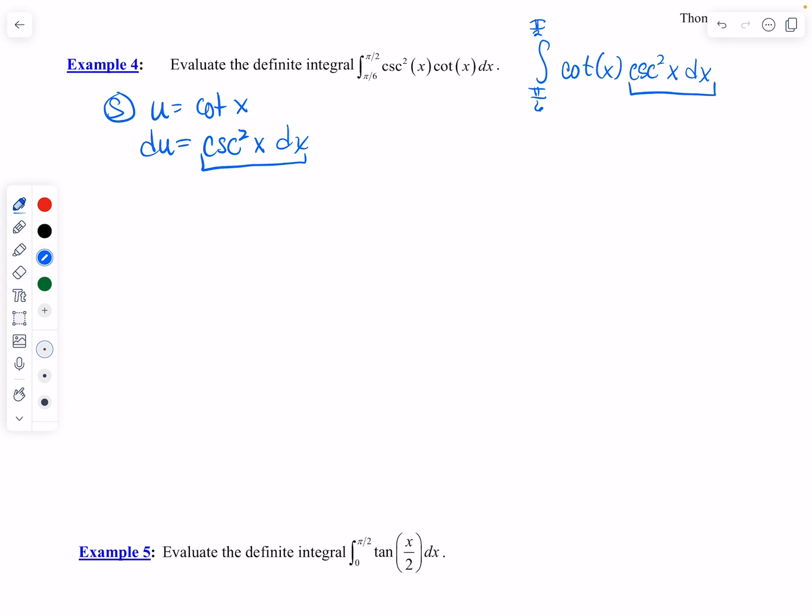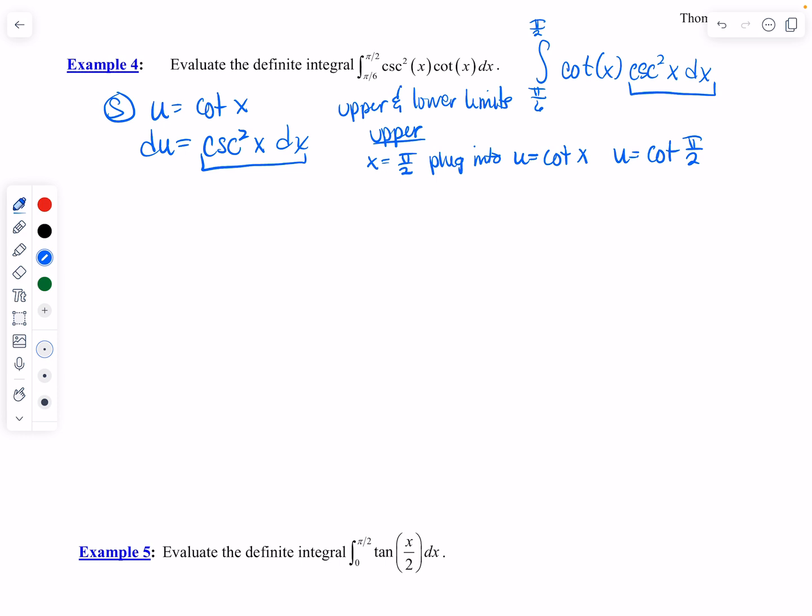Okay, now I have to take care of the upper and lower limits. So let's do the upper one first. x equals pi over 2. So I'm going to plug that into the u formula. u equals cotangent x, so u equals cotangent at pi over 2.